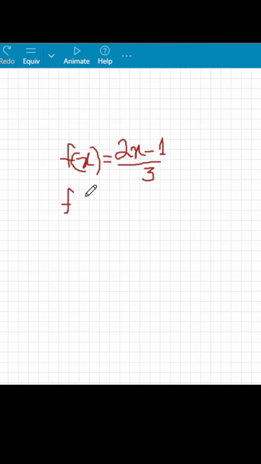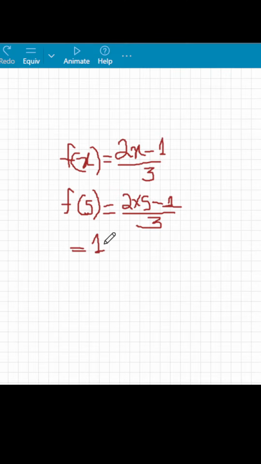So we'll put x is equal to 5 in the function's expression. So 2 multiplied by 5 minus 1 by 3, and this will be 10 minus 1 by 3, so that is 9 by 3, which is 3.